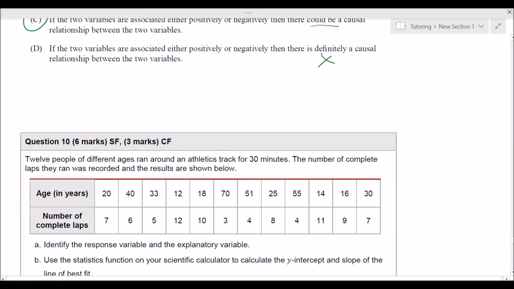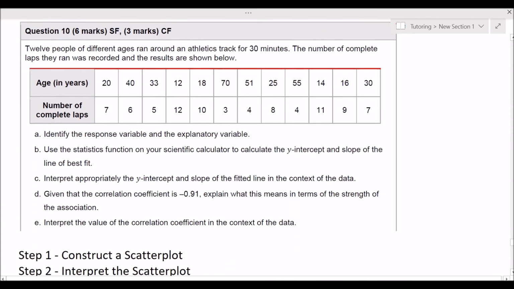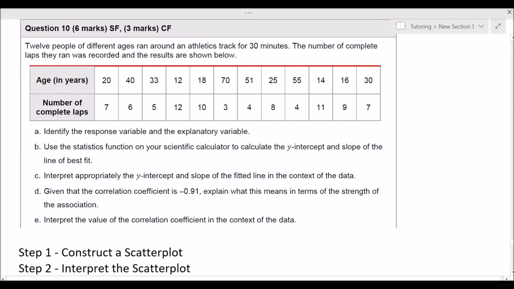Okay, all right, this question here is from the QCAA sample IA2, and as you can see, it's question 10. We're going to use this data. 12 people of different ages ran around an athletics track for 30 minutes.